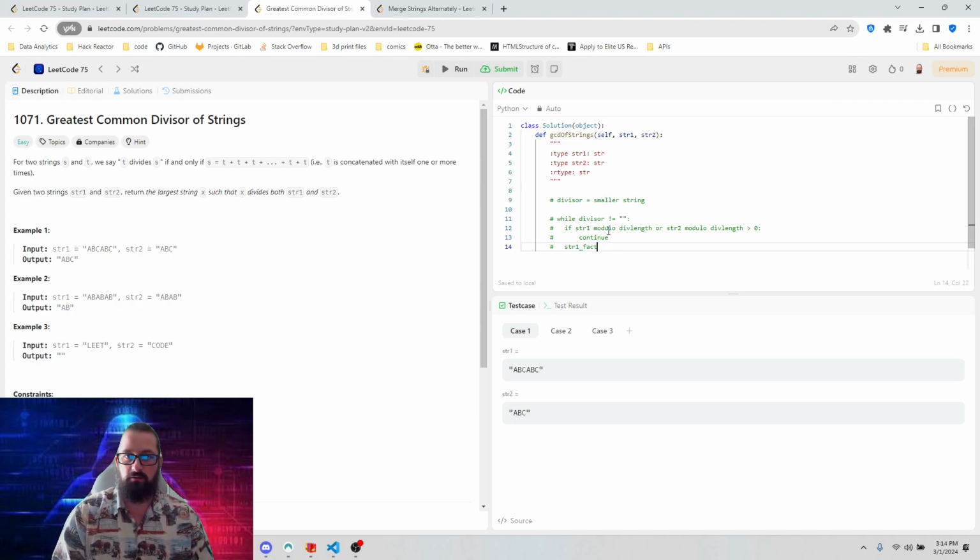String 1 factor will be equal to string 1 length divided by div length, and string 2 factor equals string 2 length divided by div length.